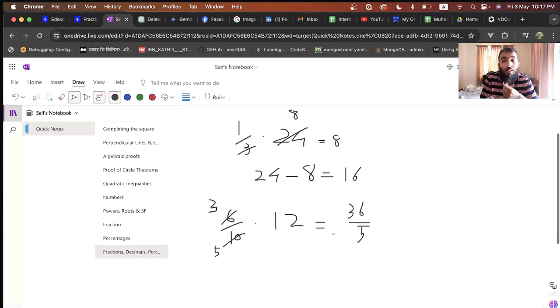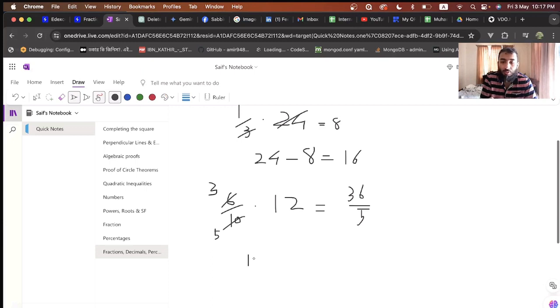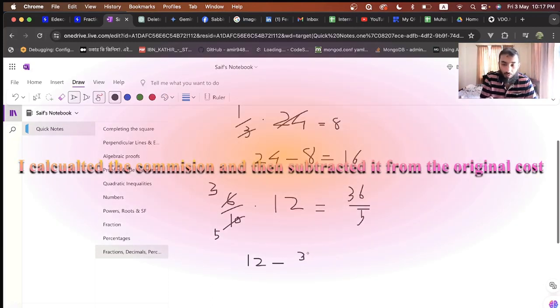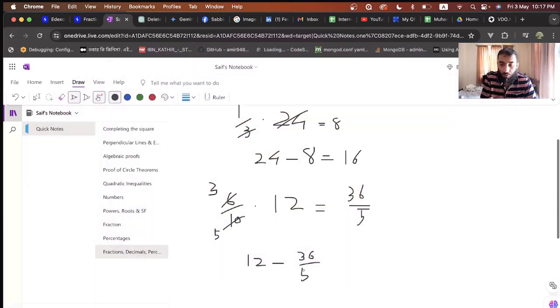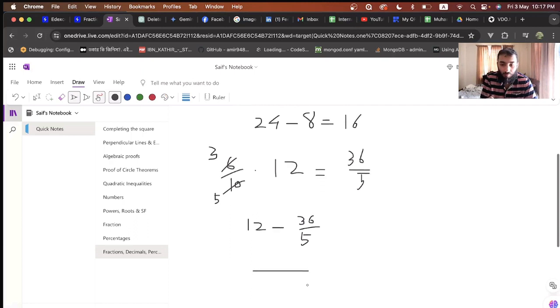So this is the commission. So what is the cost of a child ticket? 12 minus 36 by 5, right? So this is what? If we do a simplification of these fractions, so 5 is common, so 12 5s are 60 minus 5 divided by 5 is 1 into 36, which is 36, right?